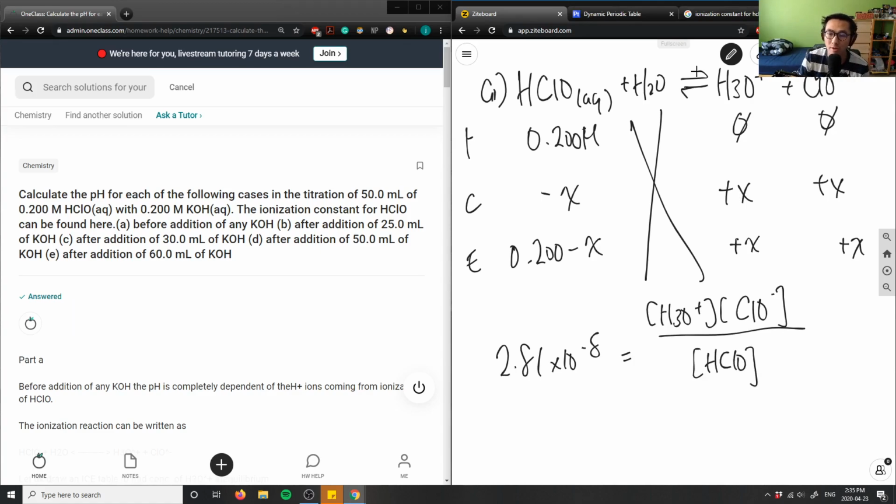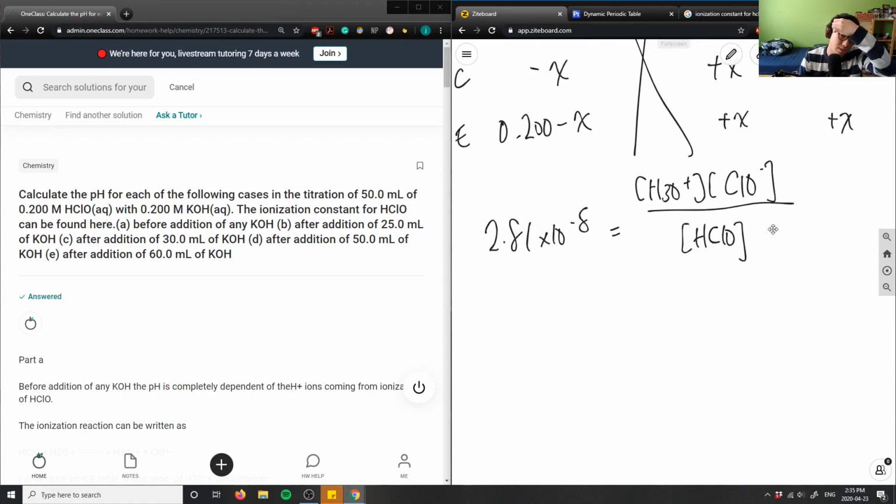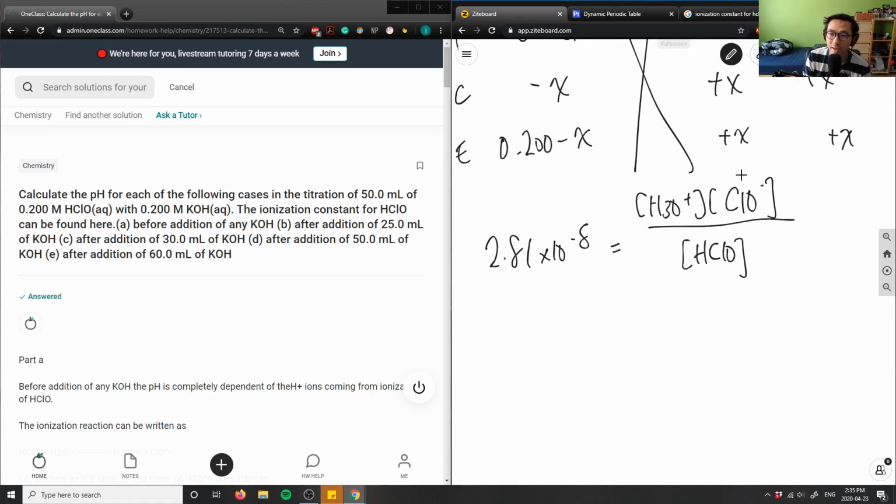And again, water doesn't play a part in my concentrations here. So 2.81 times 10 to the negative 8 equals X times X, so I have X squared at the top, and HClO is 0.200 minus X.